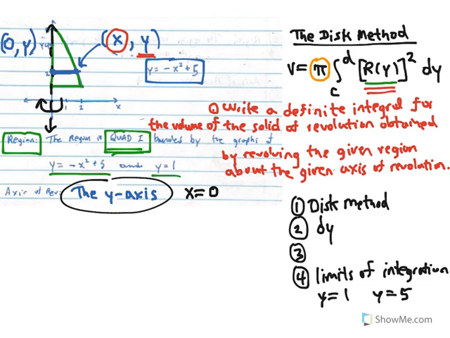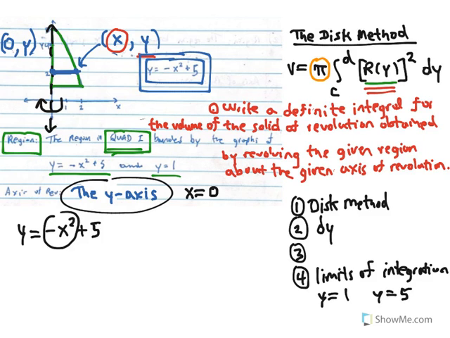So here's what we need to do. We know that this right endpoint is on the graph of y is equal to negative x squared plus 5. So we're going to take that equation and solve it for x so that we will have x in terms of y. We can begin by adding x squared to both sides of the equation.